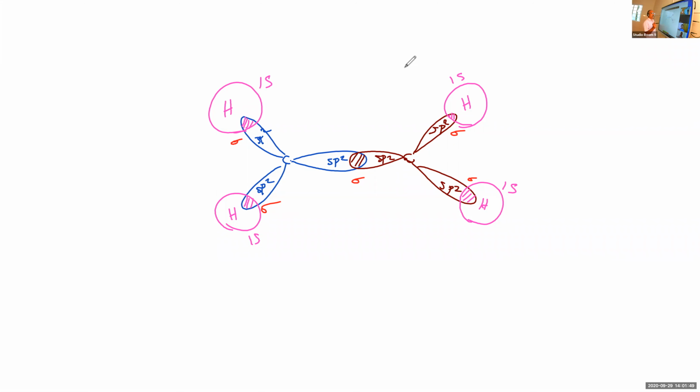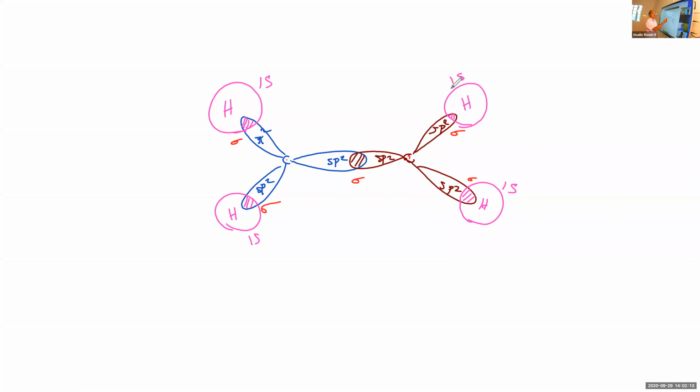Now, what about the unhybridized p orbital? Both the carbon atoms are having unhybridized p orbitals. They remain perpendicular to the plane of this board. Similarly, here also they remain perpendicular to the plane of the board.